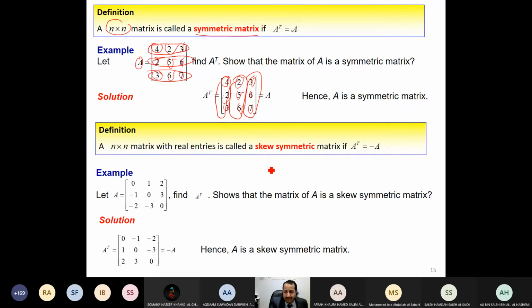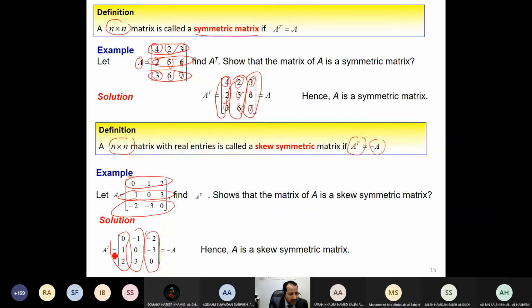A skew matrix is also a square matrix, okay? But when we take the transpose, we find it is the negative of the matrix. For example, this matrix A. When I take this row, it becomes the first column. The second row, the second column. The third row, the third column.